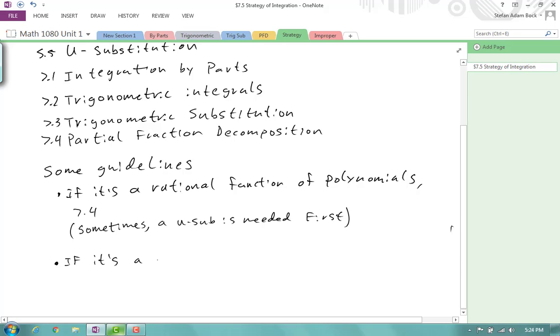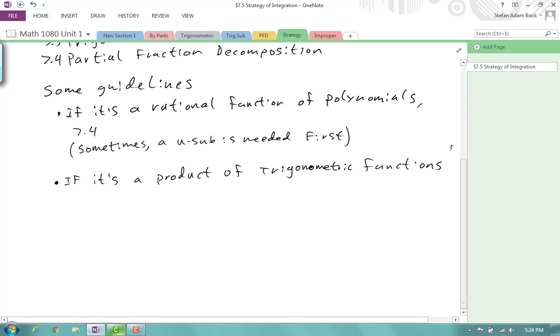If it's a product of trigonometric functions, then we know we're going to be headed towards 7.2, but you're going to want to think about all the trig identities.